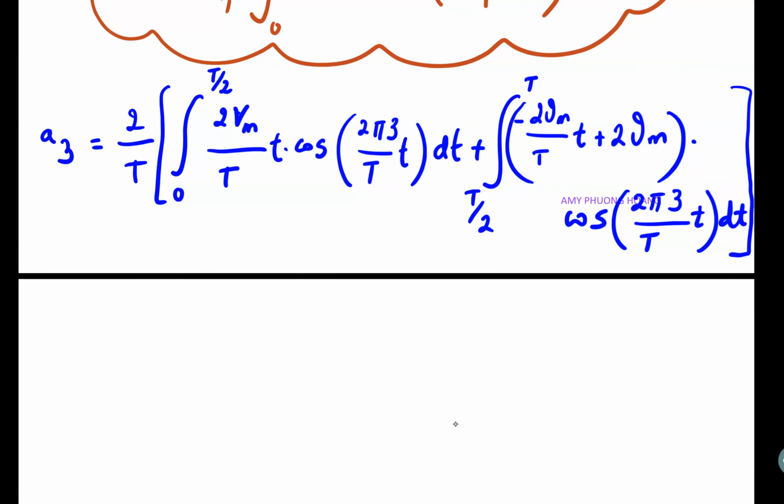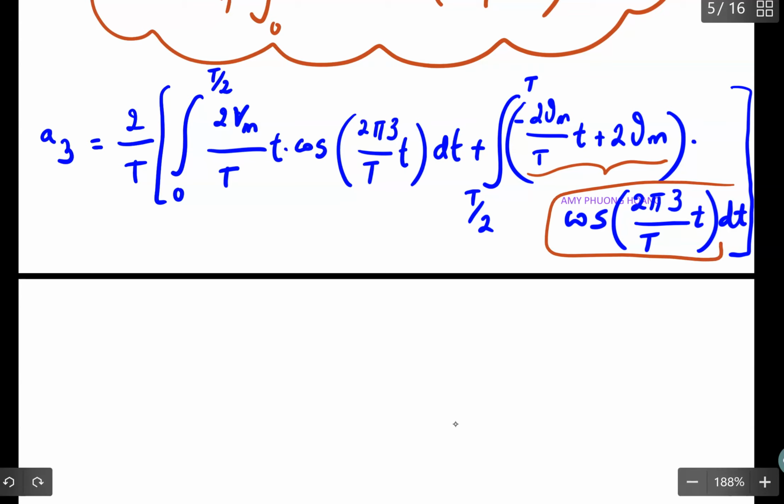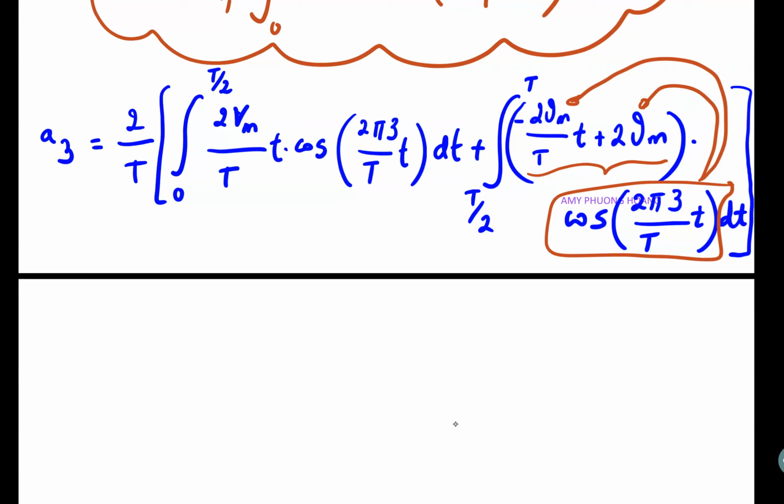At this point, I'm going to ask everyone to take a look at this part. Do you see that you have a binomial multiplied by this cos? So you need to multiply this inside the brackets so that you can break this into two integrals to integrate.